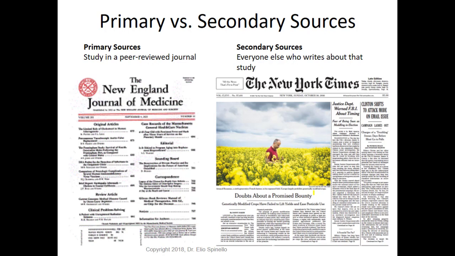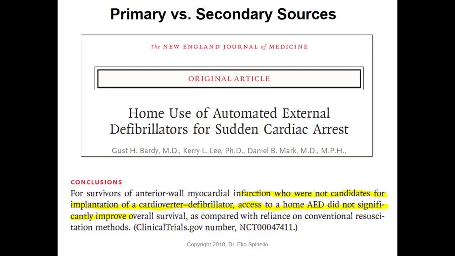So it's not necessarily exactly the way that it was originally reported. Sometimes the differences may be very, very minor, to the point where they don't make any difference at all. And sometimes they can be fairly significant. So I want to make sure that we have this distinction between primary and secondary sources.